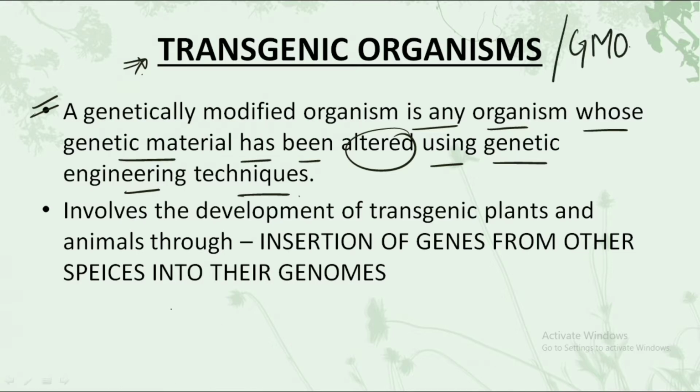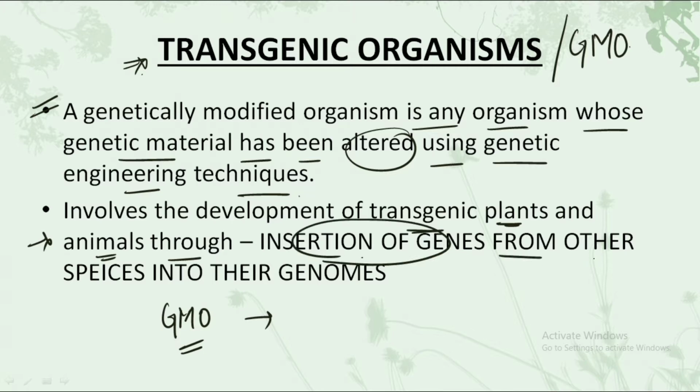So a genetically modified organism is one that has its genetic material altered by using various engineering techniques. It involves the development of transgenic plants and animals through the insertion of genes from other species into their genome.